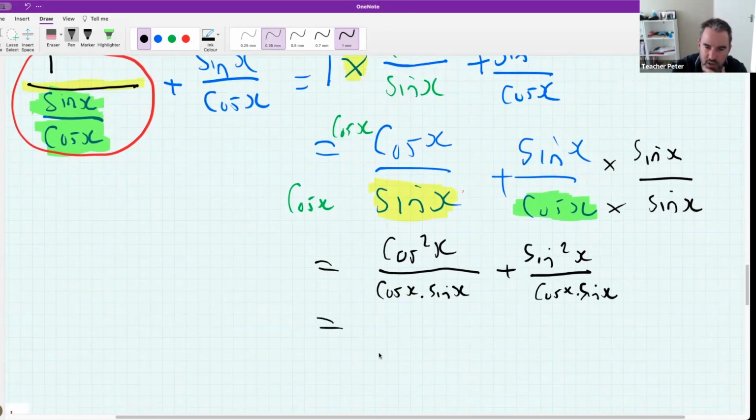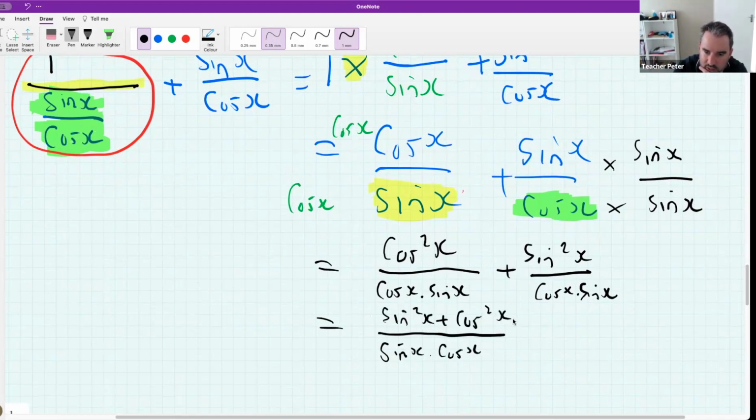And then what we're going to notice is I'm going to rearrange the top. I'm going to make this sine x times cos x because I can write the order. And then I'm going to write this as sine squared x plus cos squared x.